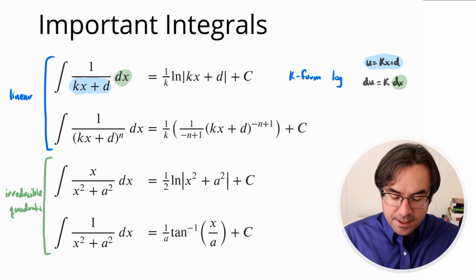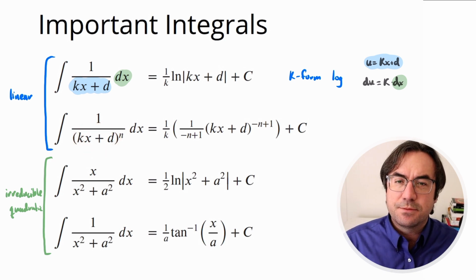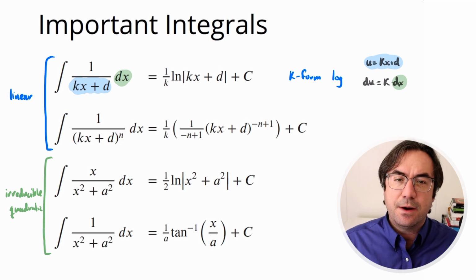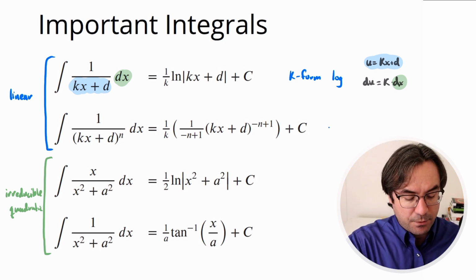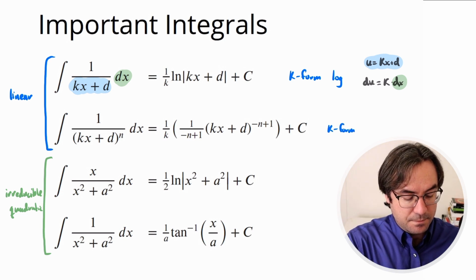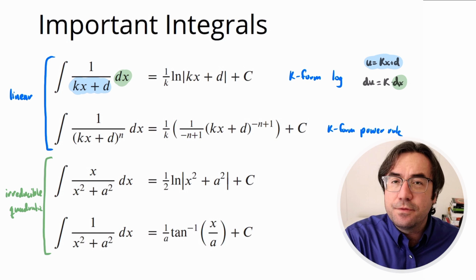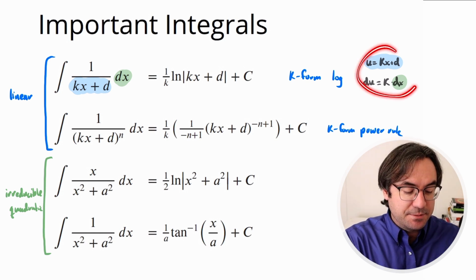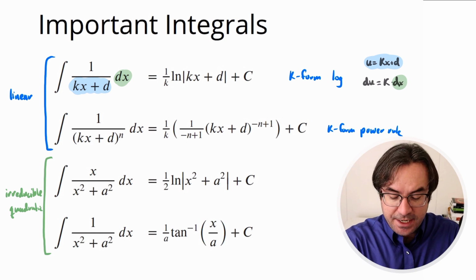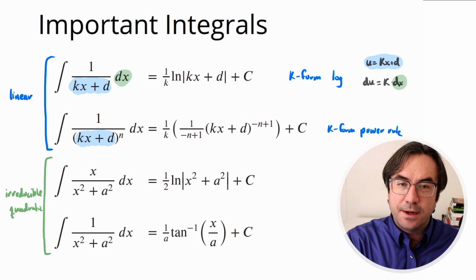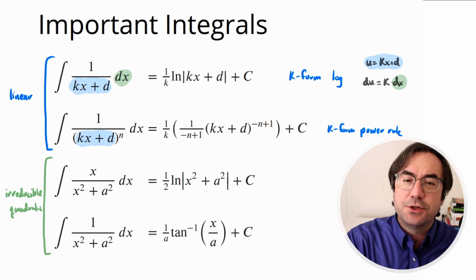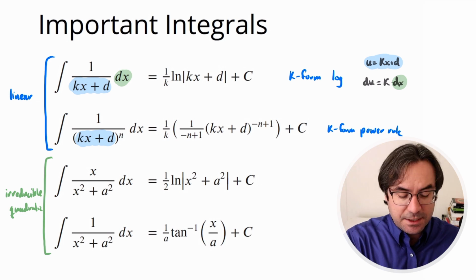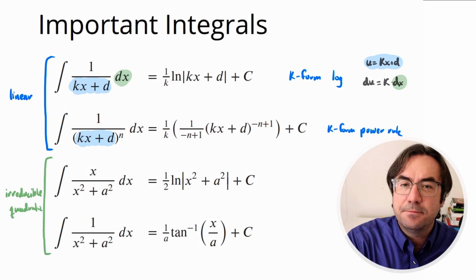Now, related to this is if we have that same term, kx plus d, but then all raised to the power n. For this, we can think of this as a k form power rule. And you could prove this if you wanted to, using the exact same substitution. So you'd let u equal the kx plus d. And when we have a fraction with the denominator raised to an exponent, we would rewrite that with a negative exponent, so negative n.